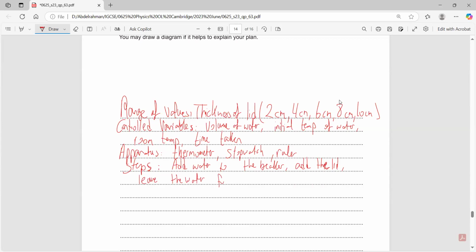Measure the final temperature and calculate the rate of cooling.